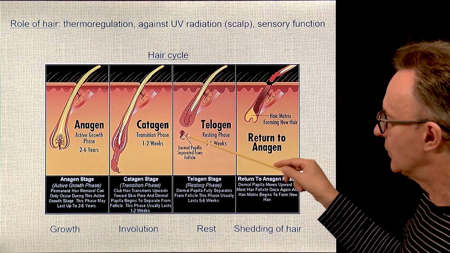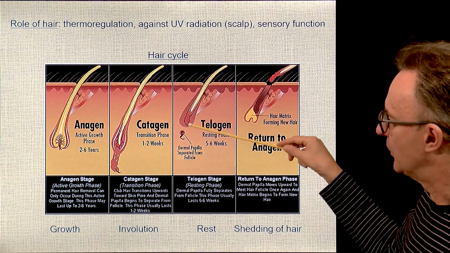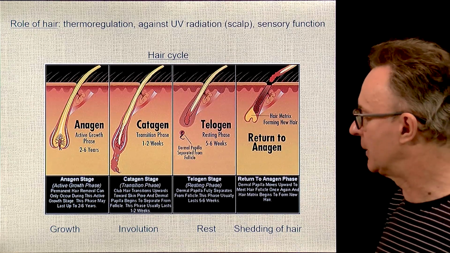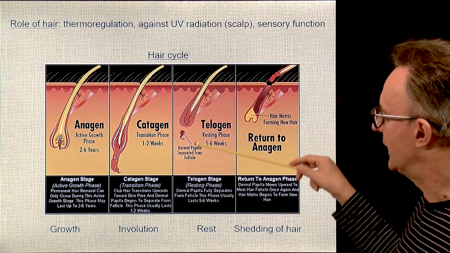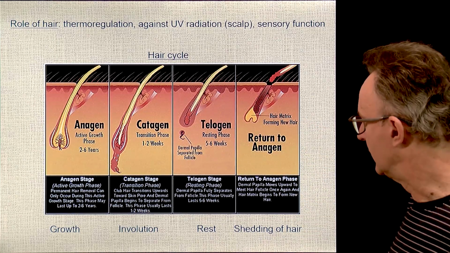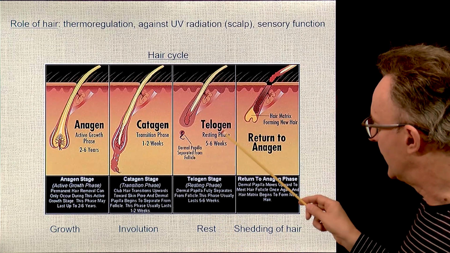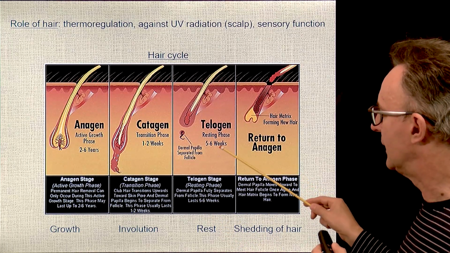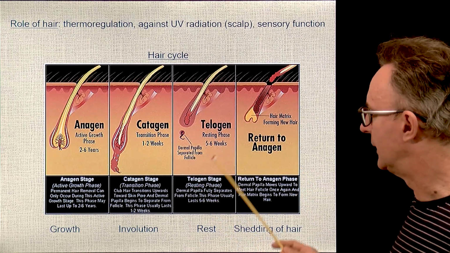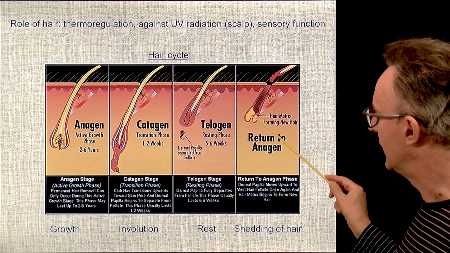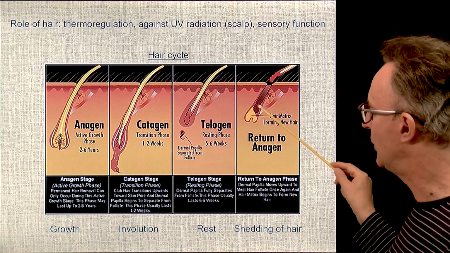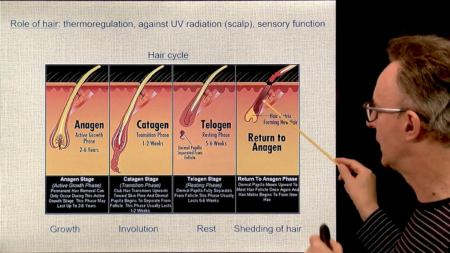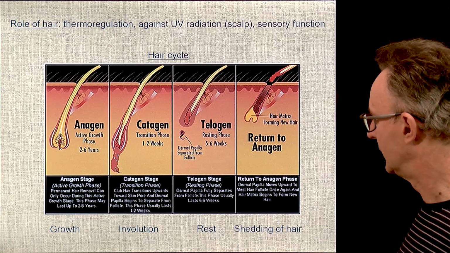Then we don't have any growth, and the dermal papilla is completely separated from the follicle, so that's why it doesn't have blood supply. And then it returns to the anagen phase again, when the dermal papilla unites with the bulb, and then the germinative matrix starts to multiply again, and the new hair will push out the previous hair. This is the shedding mechanism.